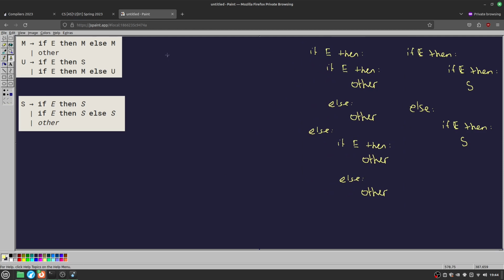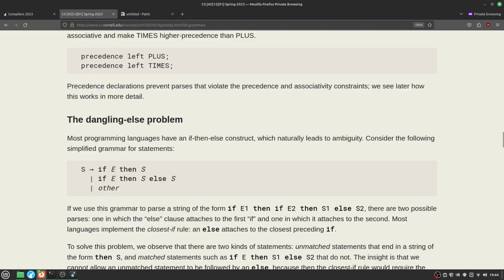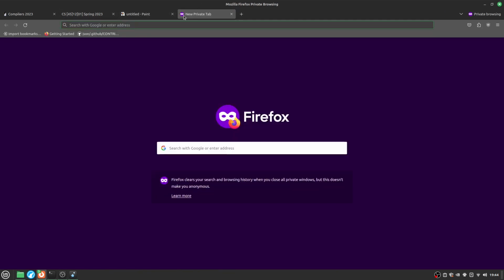This one would be if E then something then S, or it could be if E then S else S. If E then S then S. Not 100% clear on this.